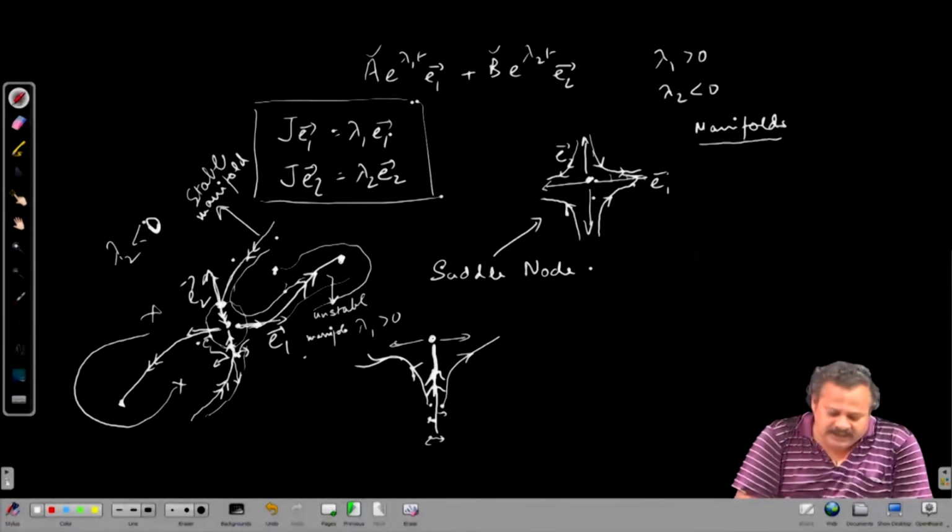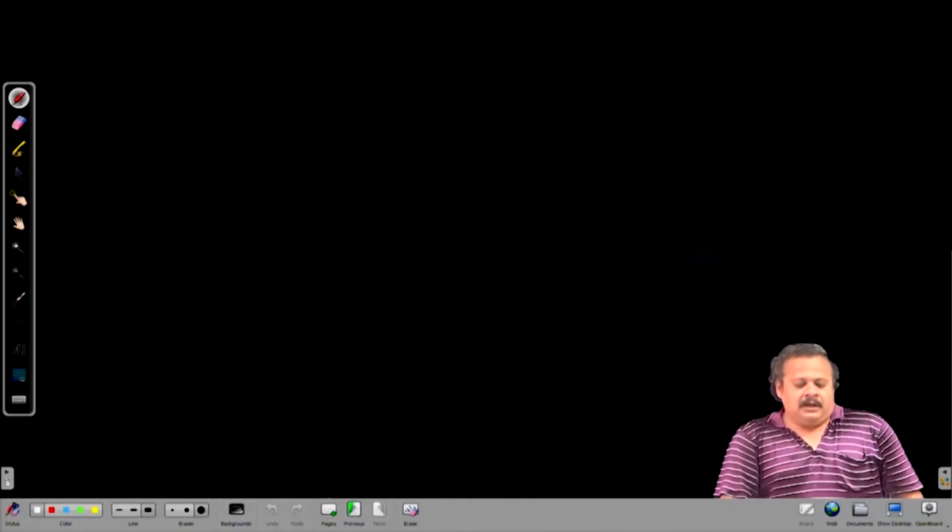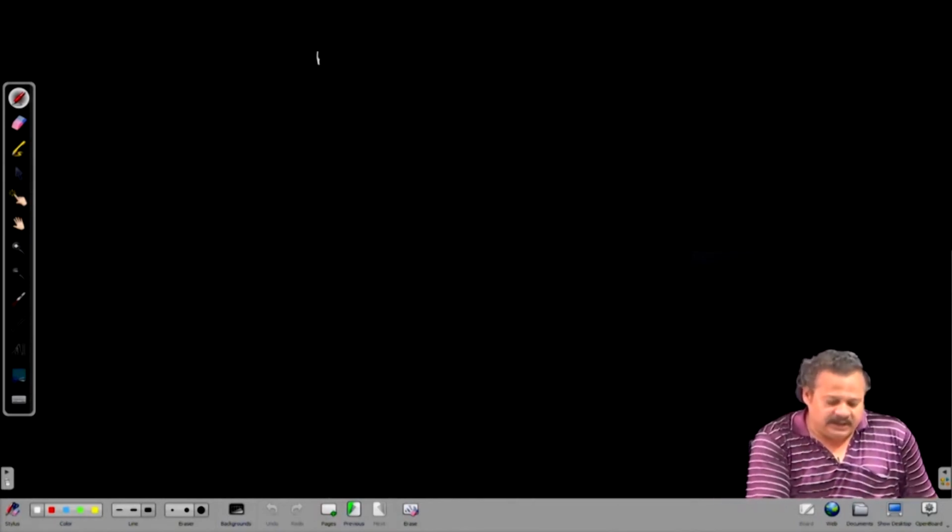So, extending this concept of saddle node, let us consider the Morris-Lecar equations.